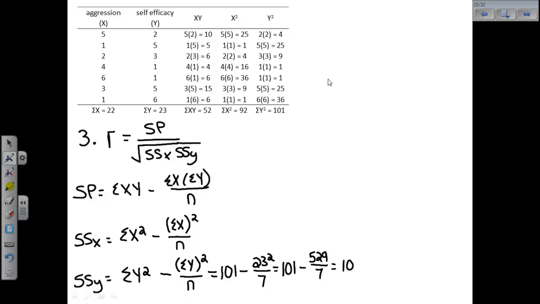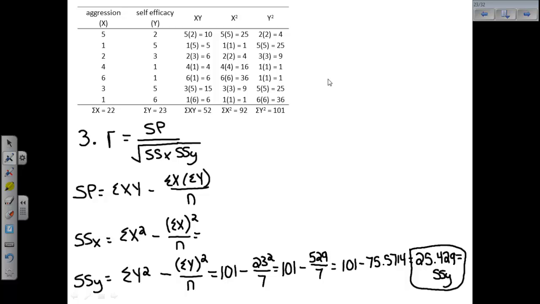So 529 divided by 7 gives you 75.5714. And 101 minus 75.5714 is equal to 25.429. That is our sum of squares y, the overall measure of variability in our y variable, or self-efficacy.